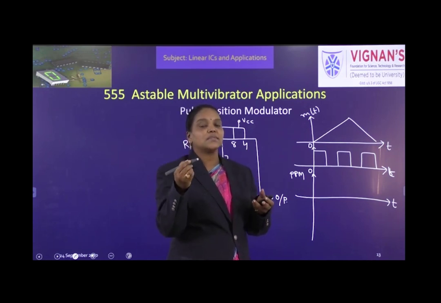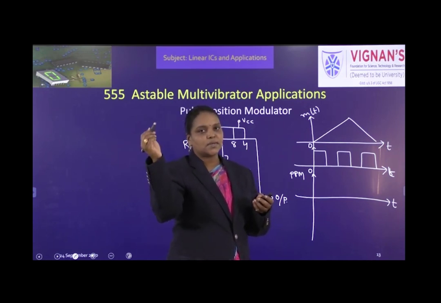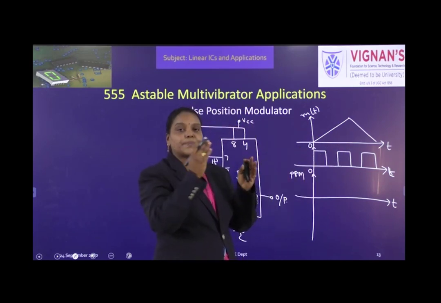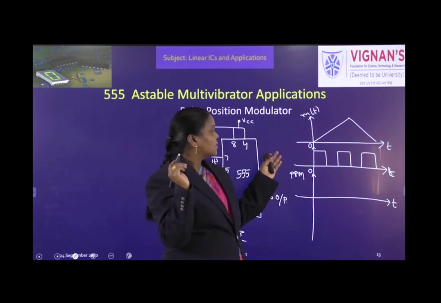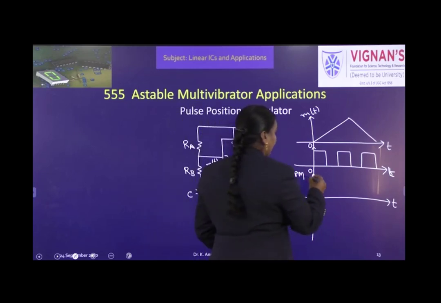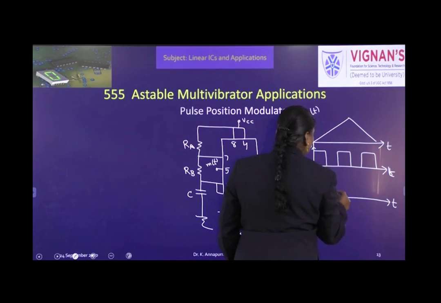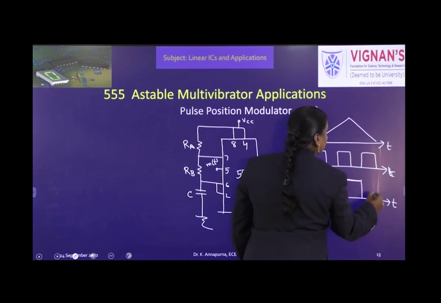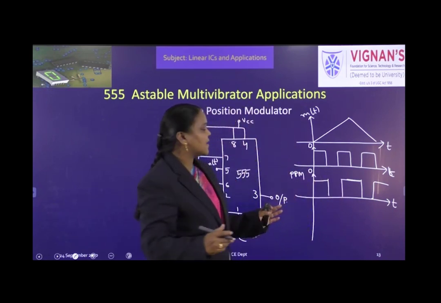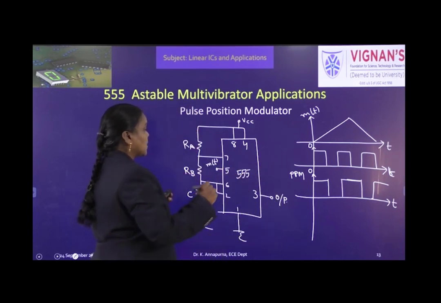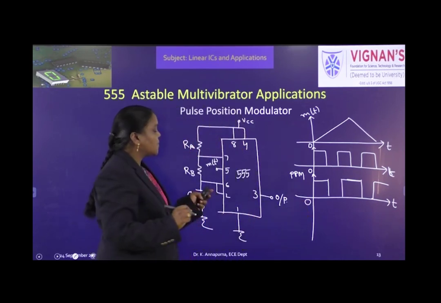But here it is changing to 2/3 VCC plus some point. If that is very high, then it takes more on time. So because of that, the position of the pulse will be varying. Here it is the complete peak, so it takes more time. So the position of the pulse is varying with respect to the amplitude of the message signal. In this way, it generates the pulse position modulation.